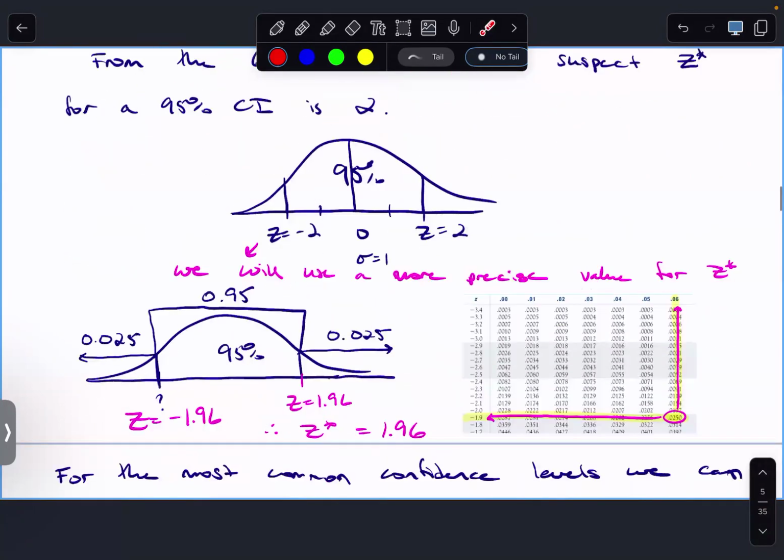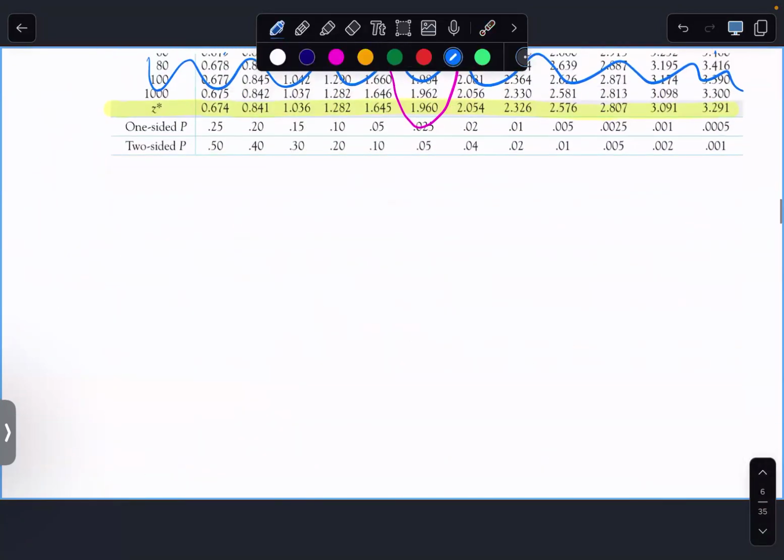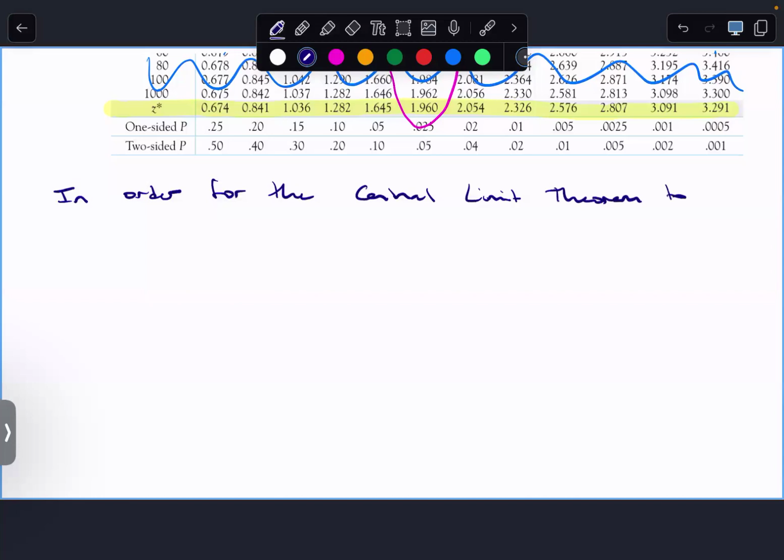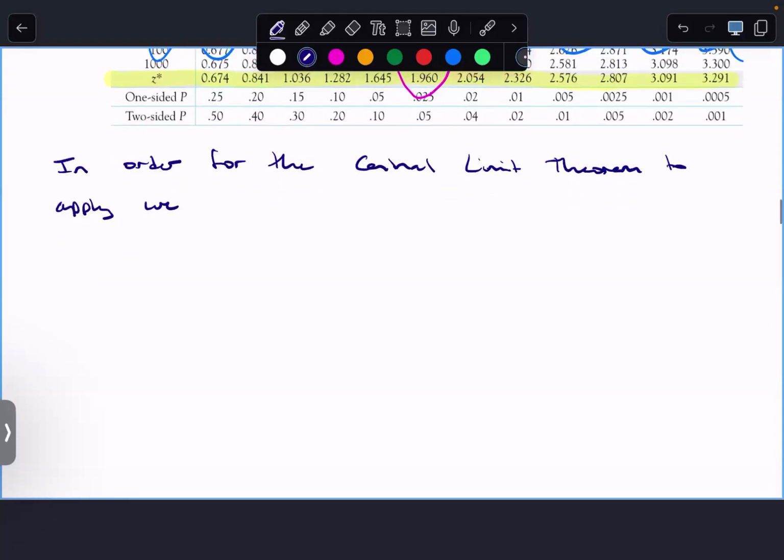And so in order for the central limit theorem to apply, we must check the conditions. Okay, what were the conditions? The first condition is independence, right? All our observations have to be independent of each other.